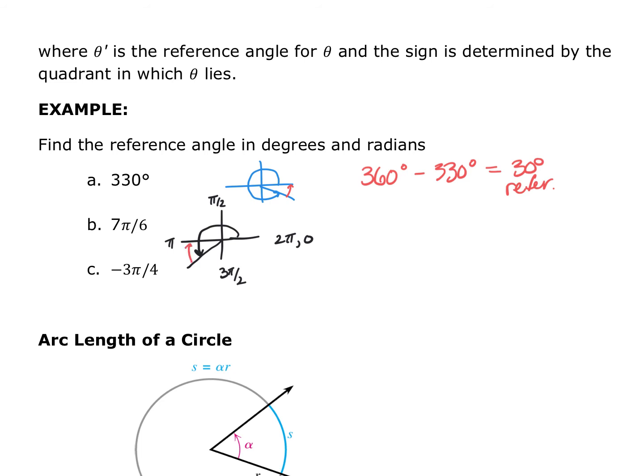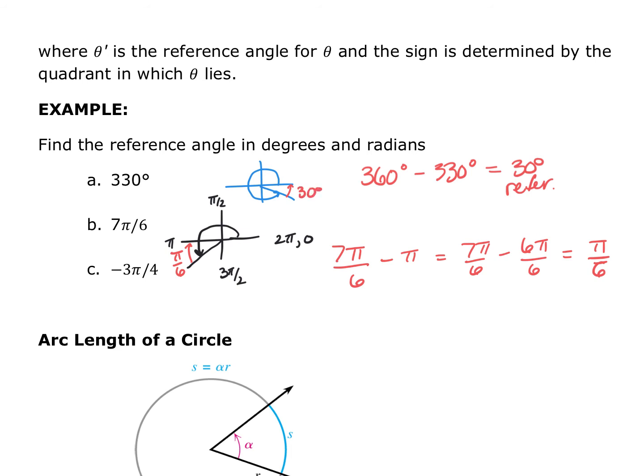My reference angle is going to be 7 pi over 6 minus pi. So I need to take off that pi. I need to go back to the negative x-axis. So I'm going to make sure I have the same common denominator: minus 6 pi over 6. So my reference angle is pi over 6. This is pi over 6, just like this was 30 degrees.